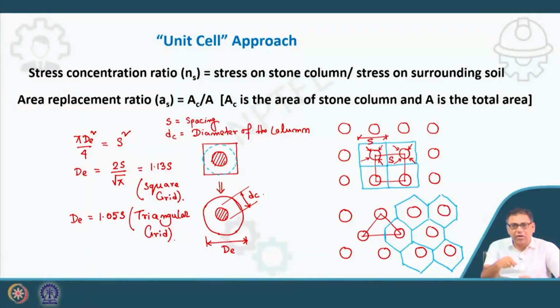But if you provide the column, your spacing is say 1.5 meter to 3.5 meter maximum. If I consider 3 meters, the travel path is reduced, to roughly half of that, 1.5 meter.